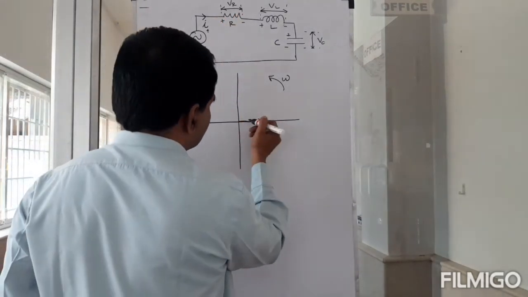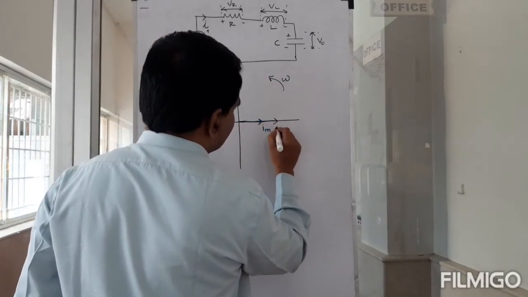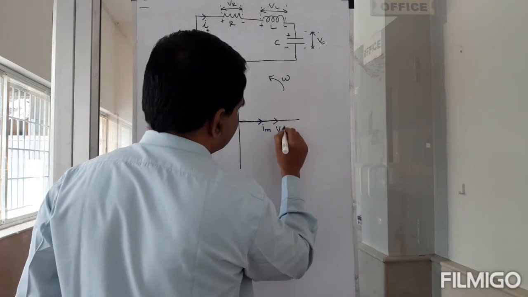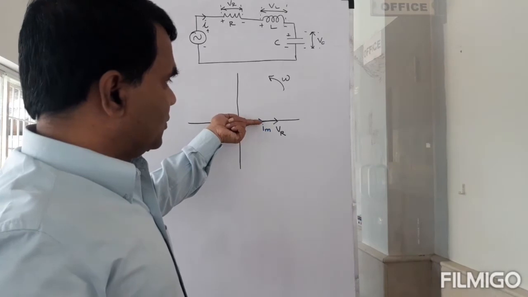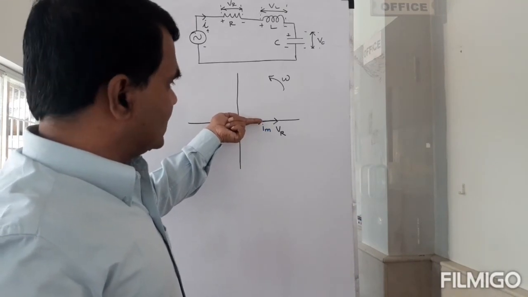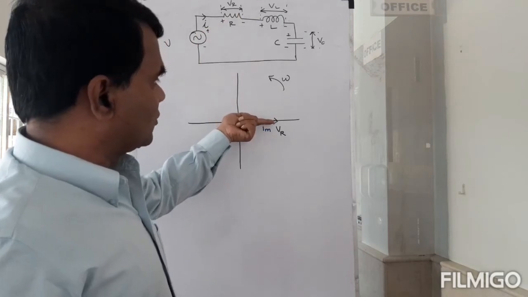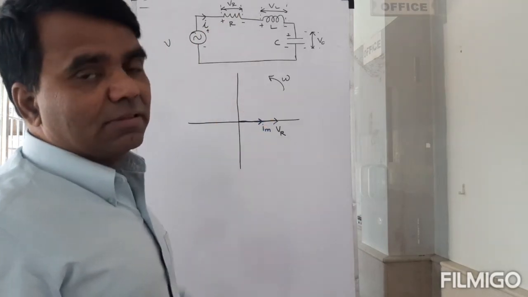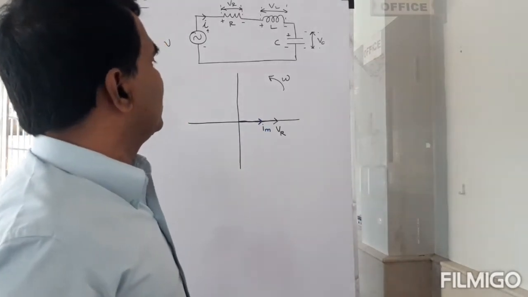So the projection of that should be 0. So the voltage VR would also be like this. This is where the current phasor is, and the VR phasor will also be along the same line, in the same direction.